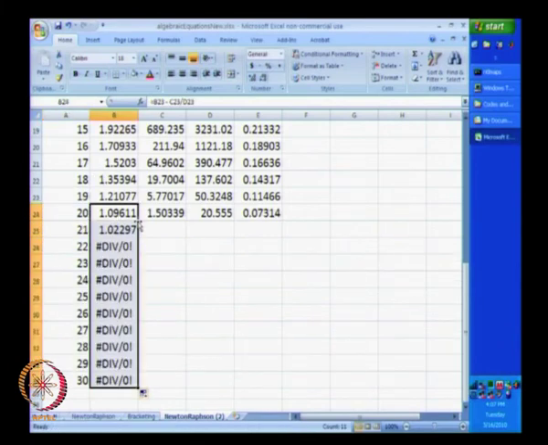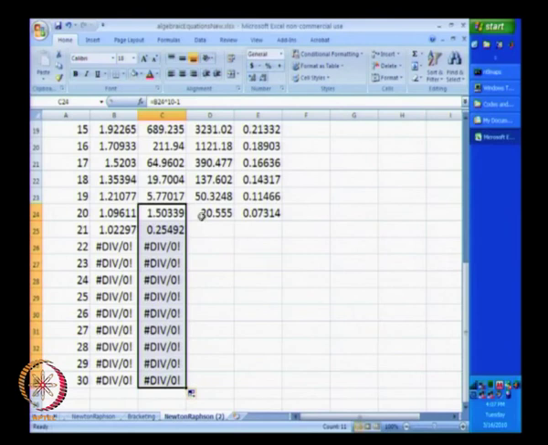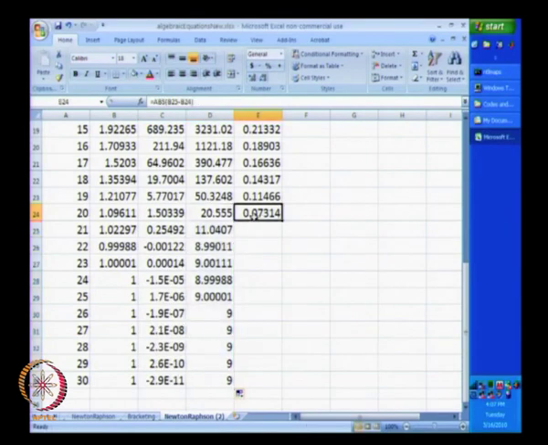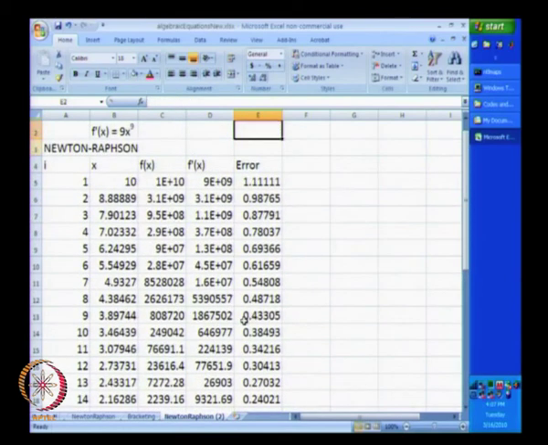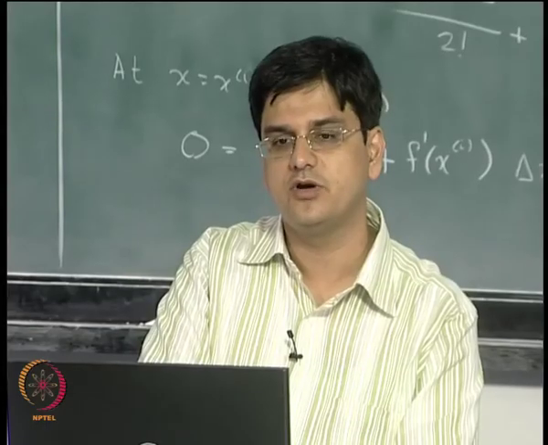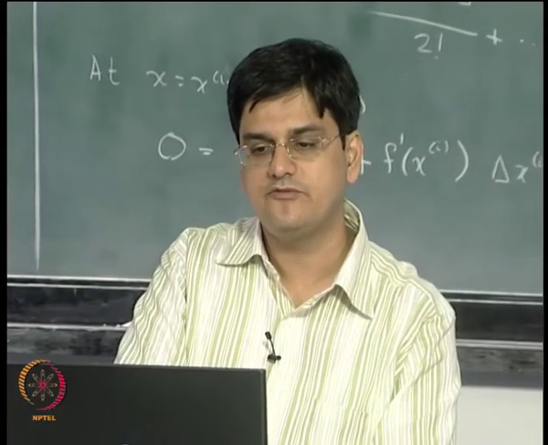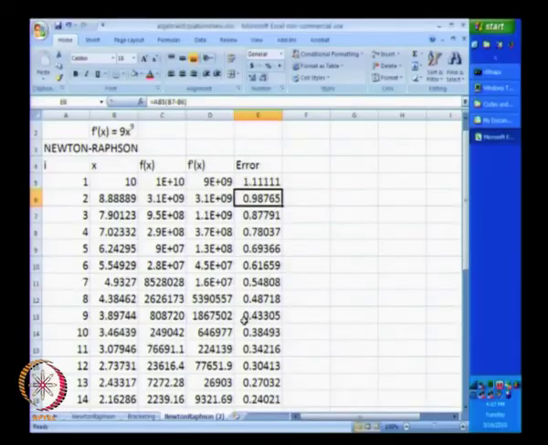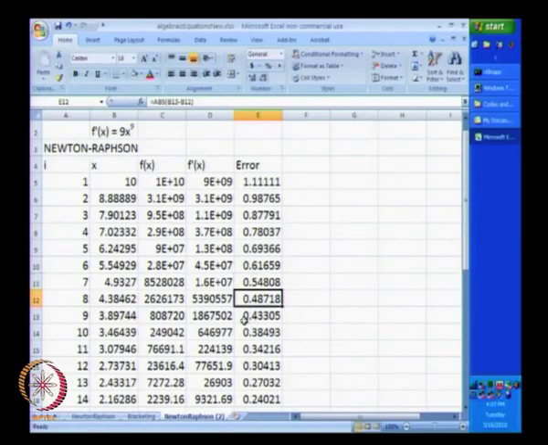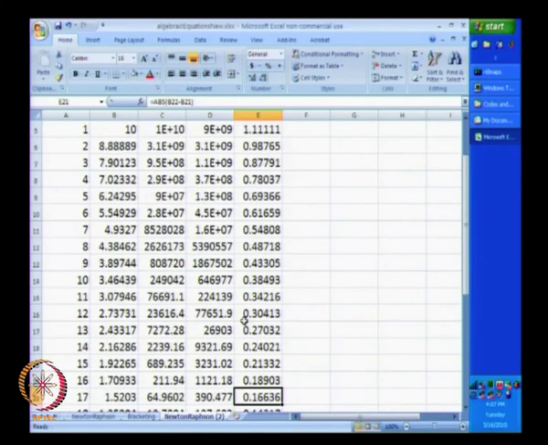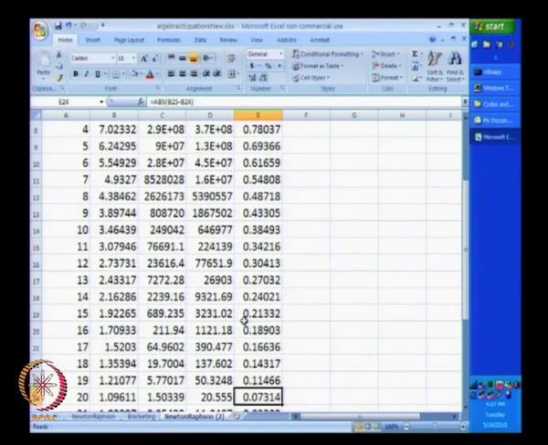Okay, and at the end of the 30th iteration I am quite sure we are going to converge, but we just want to look at how the convergence happens. Okay, so this is the error. From an error of 1.11 we have decreased to almost an error of 0.98. From that we have decreased further to small error values, and if we go lower and lower towards the error, we find that the rate of convergence is fairly slow.